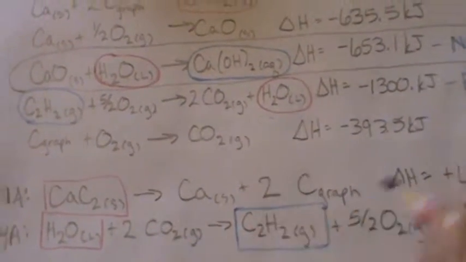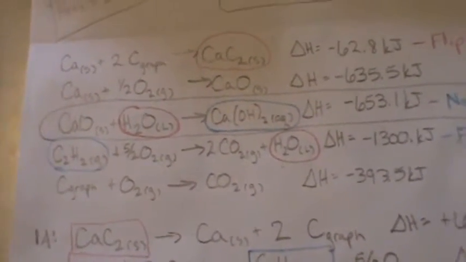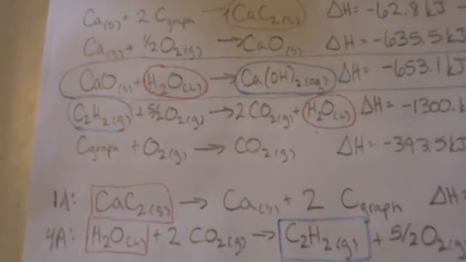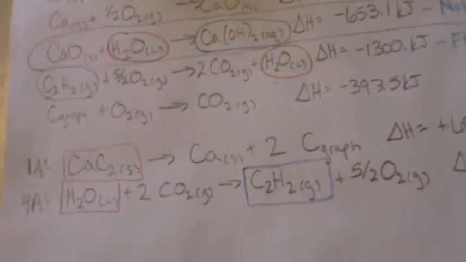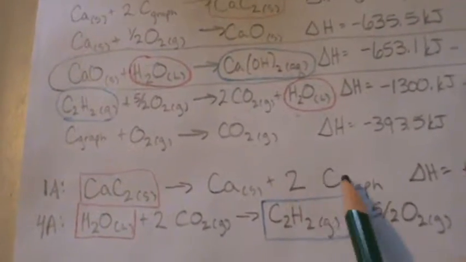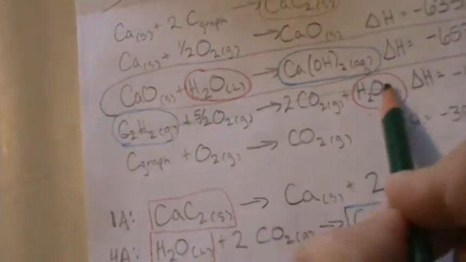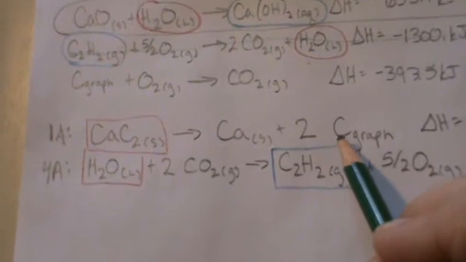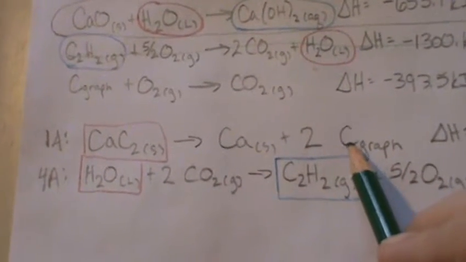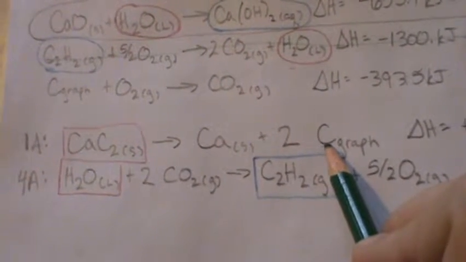The rest of this all needs to get canceled out. So let's see what we can start working with so far. Here I have 2 graphite carbons. Let me line these out so that I don't try to use them again. So here I have 2 carbon graphites that I need to cancel out.